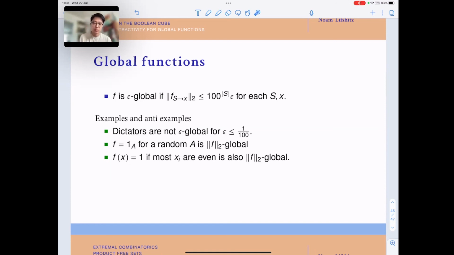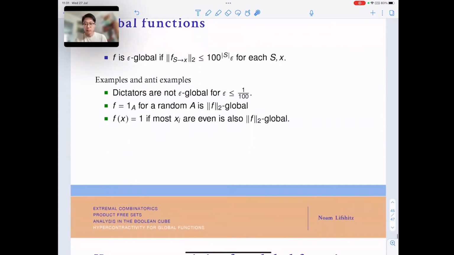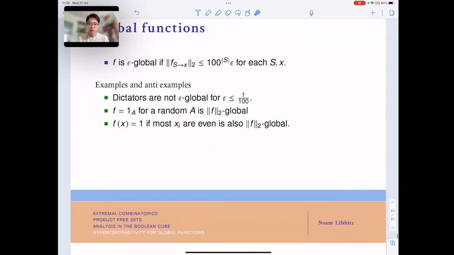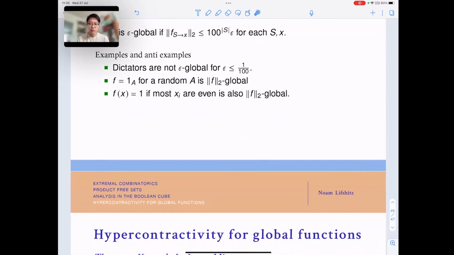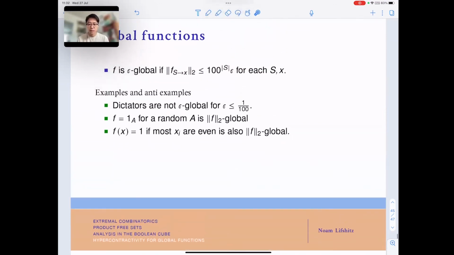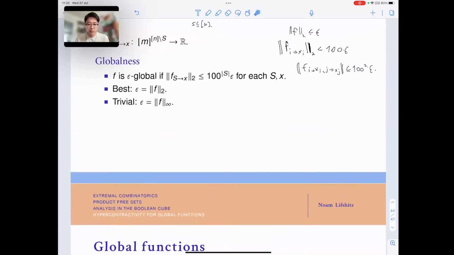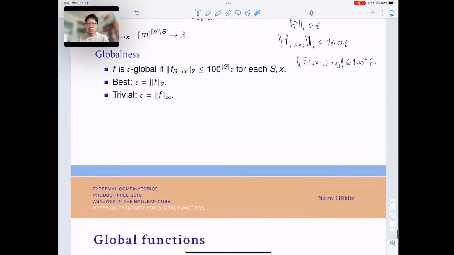If we take the indicator of a random set, we'll get a global set. And also, if we take a function that's essentially on the Boolean cube, this notion of globalness also holds with the best epsilon, the two norm of f, for free. This is easy to verify.